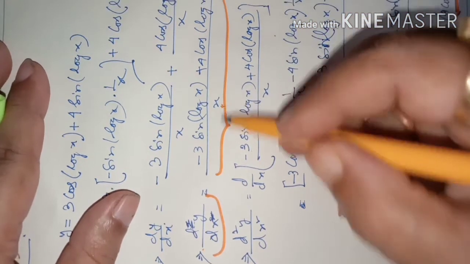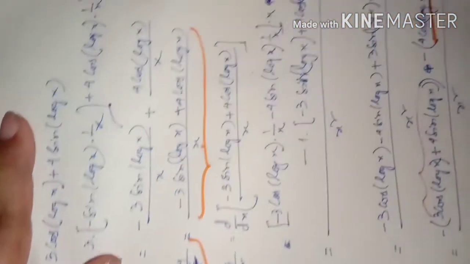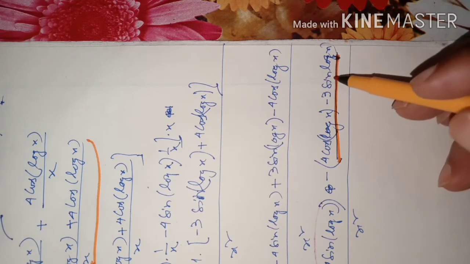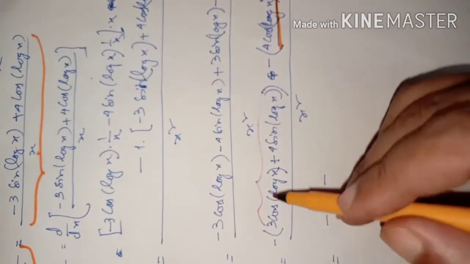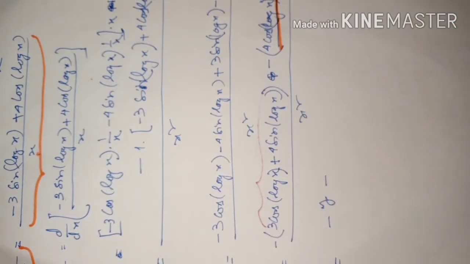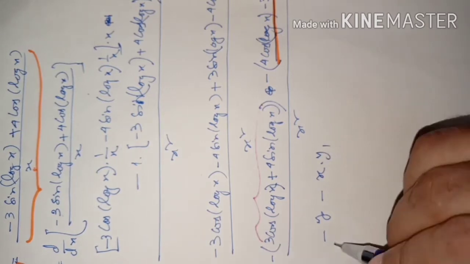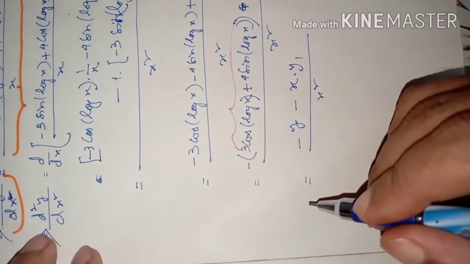And when this x is transposed here, it will be minus 3 sin log x plus 4 cos log x. Here also same thing, 4 cos log x minus 3 sin log x. So for this we can write x into y1, and for this we can write y. So for this whole thing we can write x into y1 divided by x square. So this was d2y by dx square.